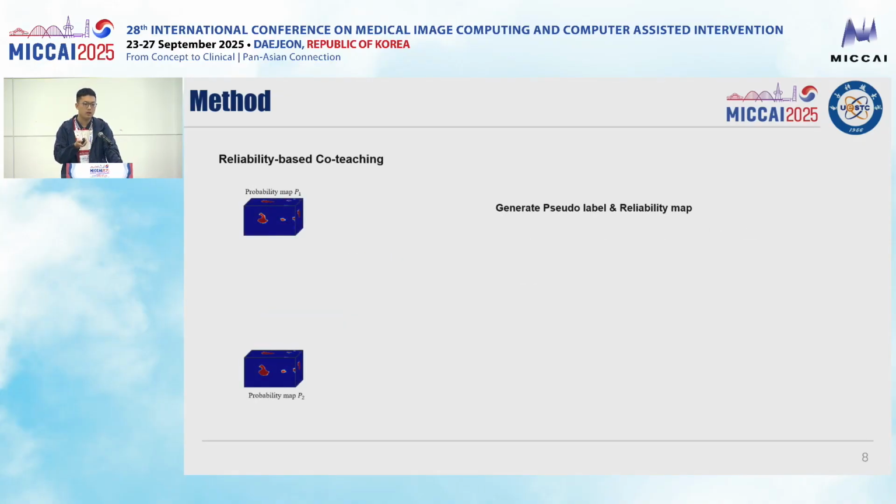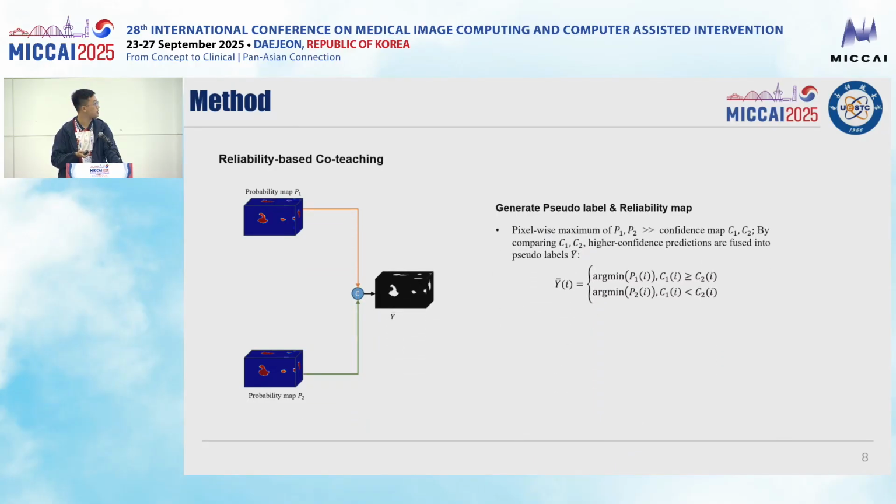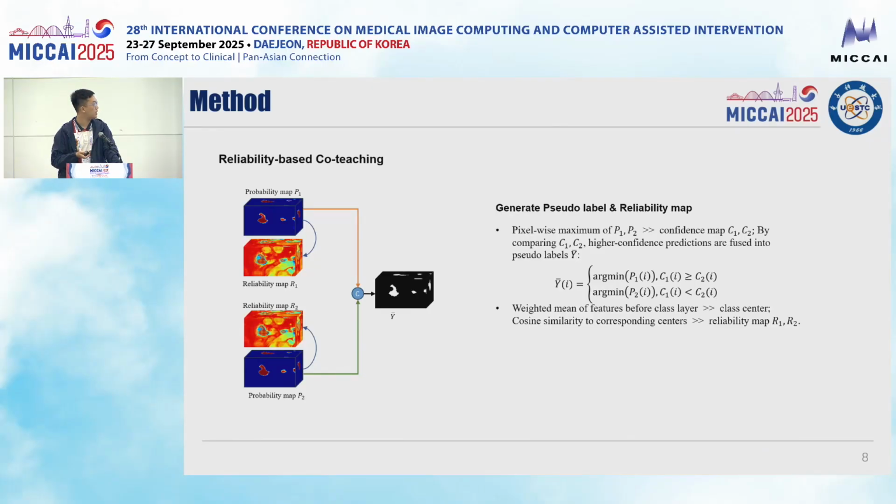However, we think the two predictions contain complementary information. So first, we generate a pseudo-label by simply comparing the confidence, which is the probability at pixel level. Then we calculate a weighted mean of the feature maps before the classification layers to get the class center, and we calculate the cosine similarities to the corresponding centers.